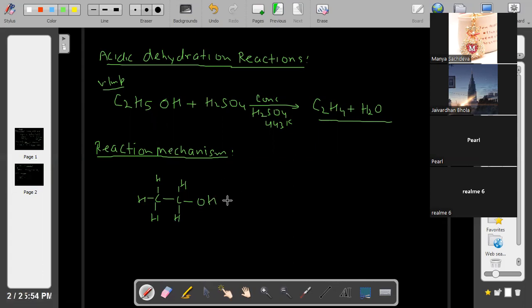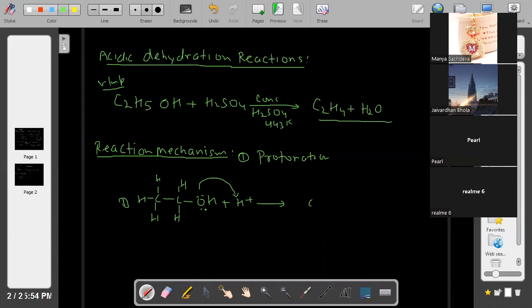The first step is called protonation. This proton will come from H2SO4, attacking the lone pair electrons of the oxygen. That is the electrophilic attack, as I explained at the start of chemical reactions.